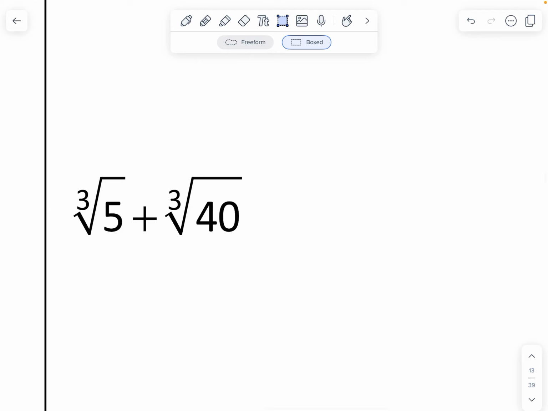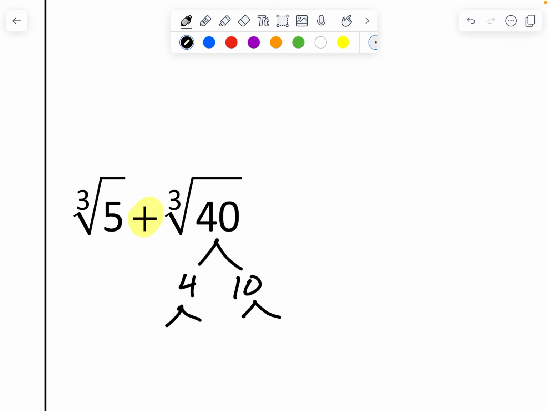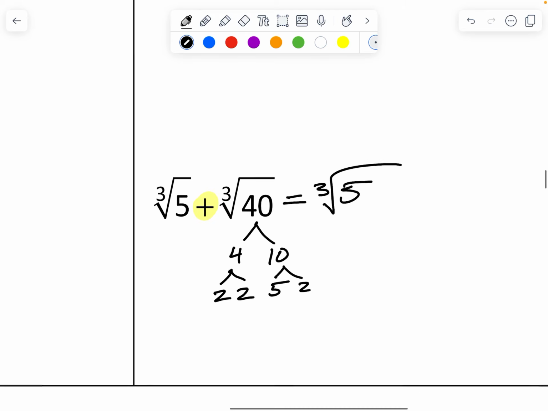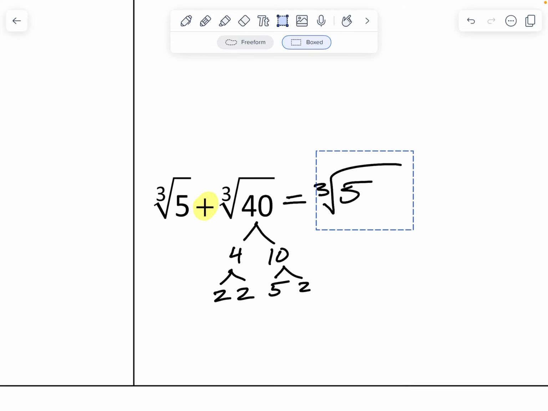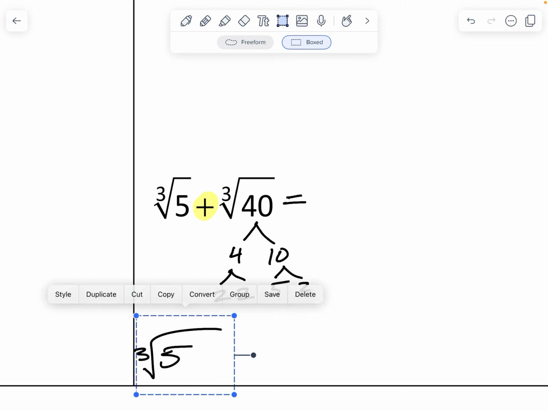Here, same index, but different radicand. And now we're adding. So let's see, 40 is 4 times 10. Doesn't matter what numbers you pick to start with, you should end up in the same place. And look at that, there's 3 2's, right? So that's the third root of 5. Put that underneath.